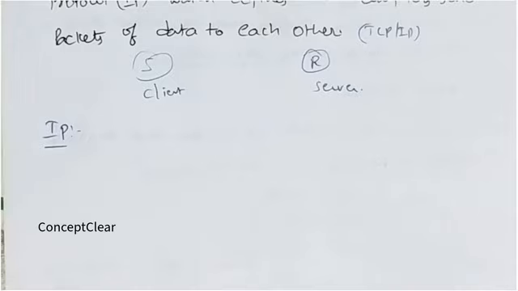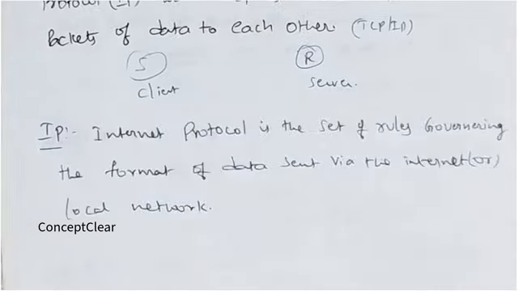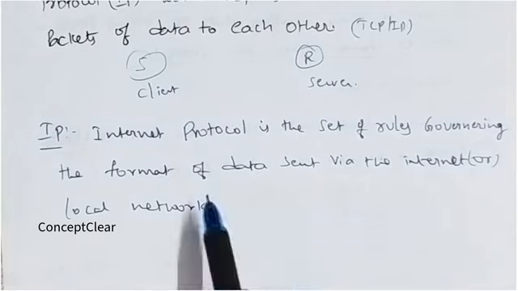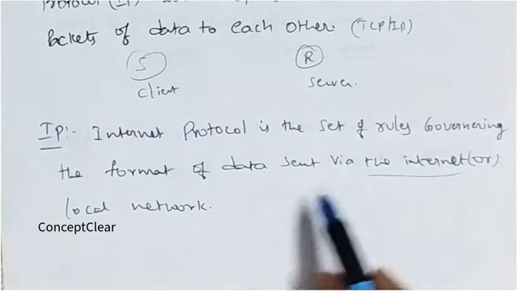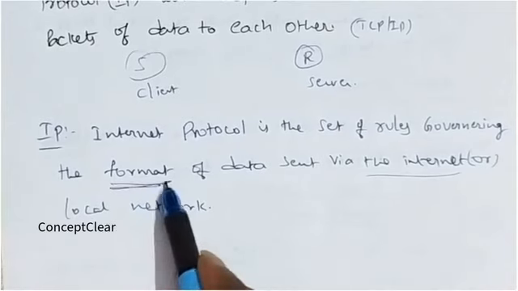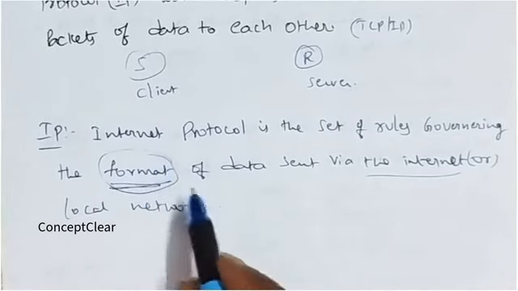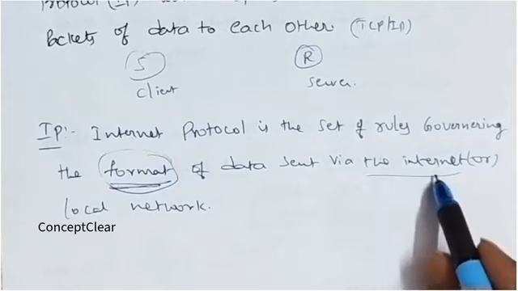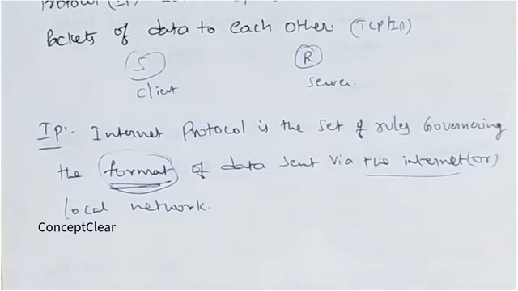Internet Protocol sets the rules for the format of the messages, how the data is transferred via the internet. That is called Internet Protocol. Okay, this is about the secure socket layer.